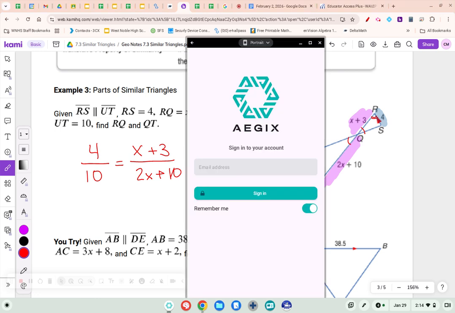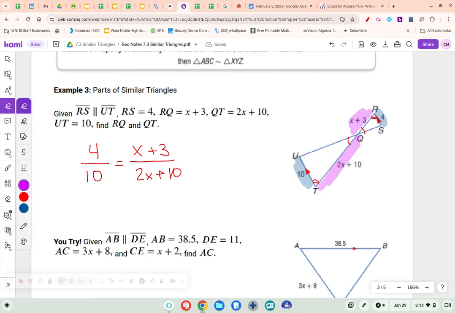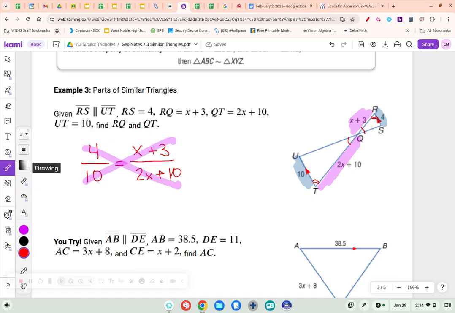Okay, from here, shouldn't be too bad. You just cross multiply to solve. Now I will have to distribute. So I'll distribute the 4 through and the 10 through.